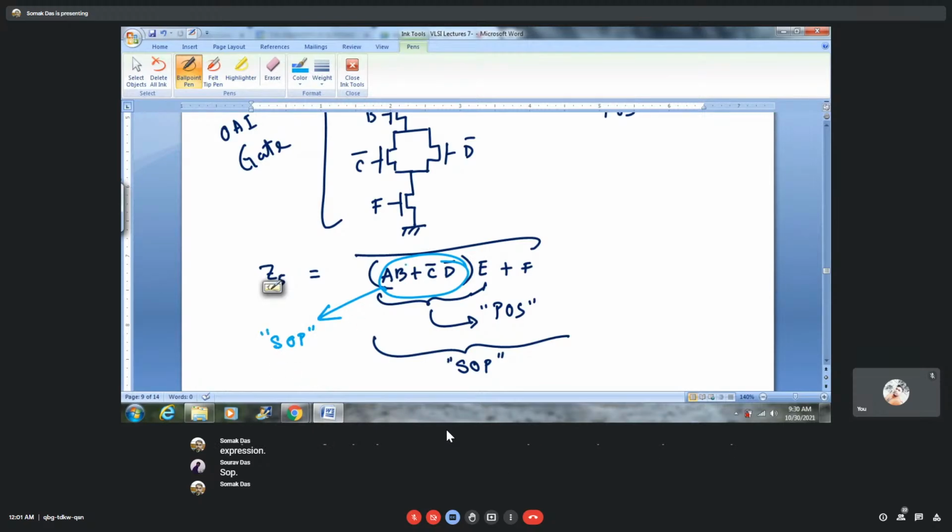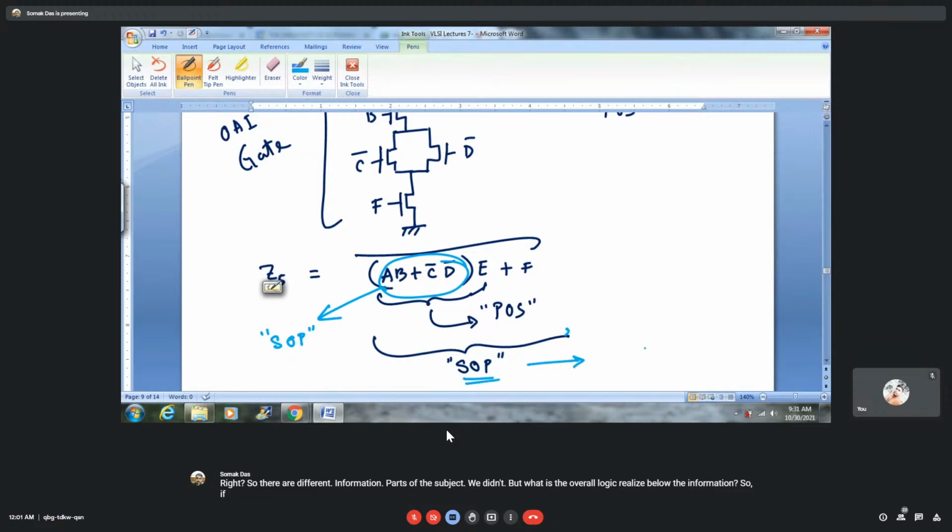So there are different formations of Boolean logic within different parts of the NMOS network. But what is the overall logic realized below the inversion bar? That is SOP. So if it is SOP, that is AOI.